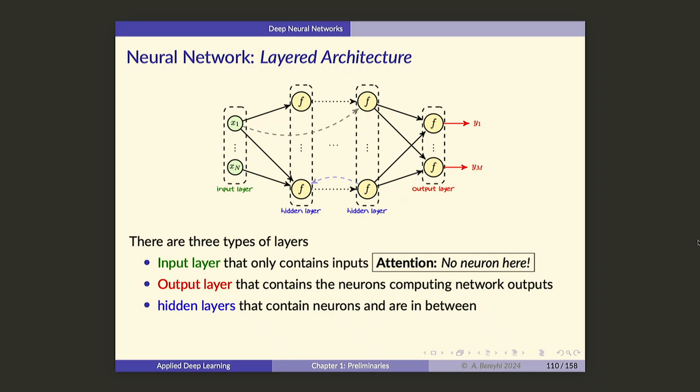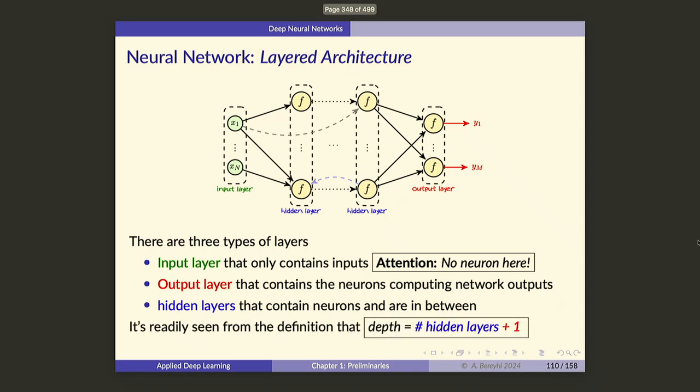Now, if you look at this layered architecture and I want to calculate the depth of this architecture, what is the depth in terms of the number of layers that it has? Not this particular one. Say I have a number of hidden layers. What is the depth? Plus 1.